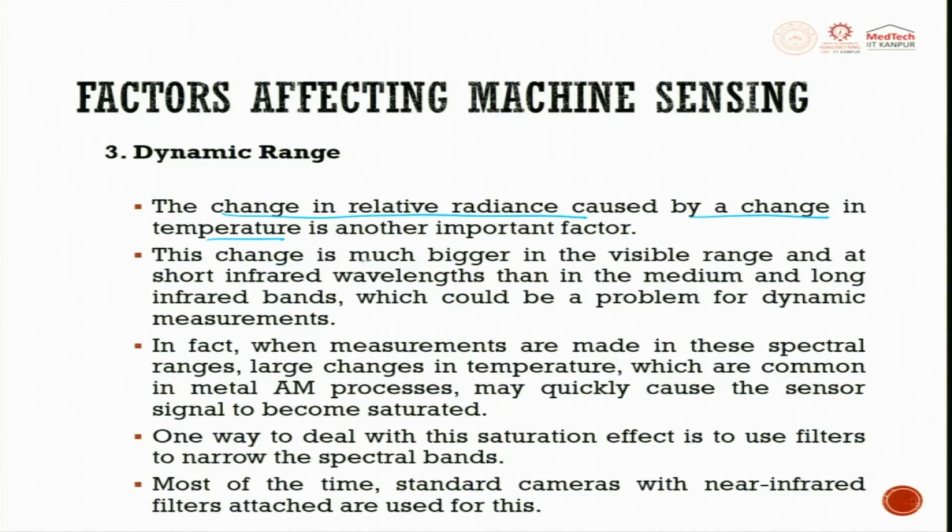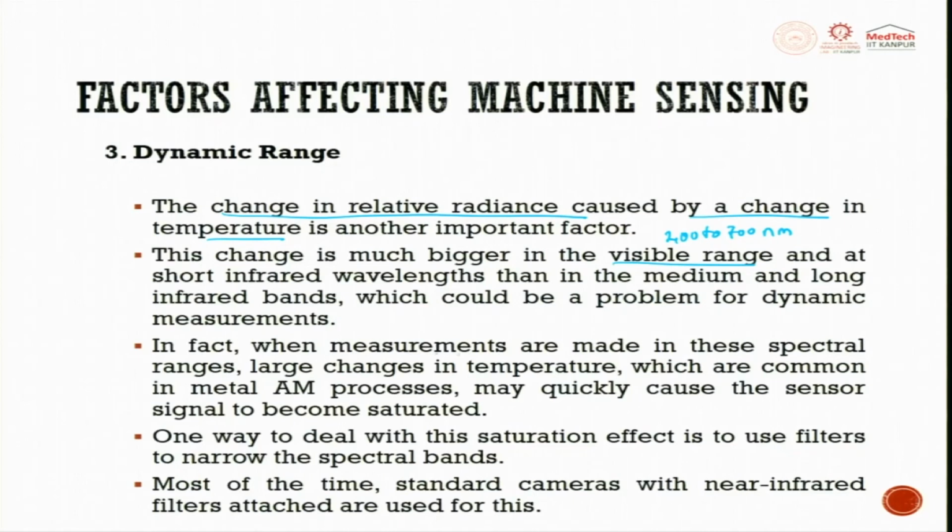The change is much bigger. That means to say the amplification, something like that. So, visual range is 400 to 700 nanometer and at shorter infrared wavelength than in medium and long infrared band, which could be a problem for dynamic measurement.